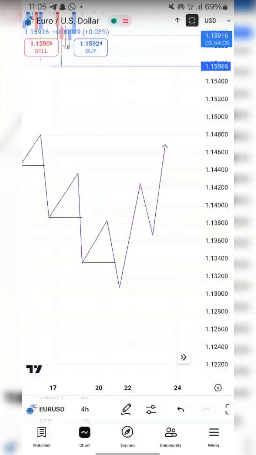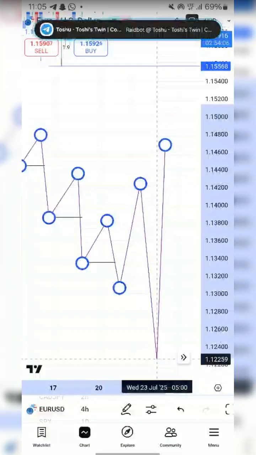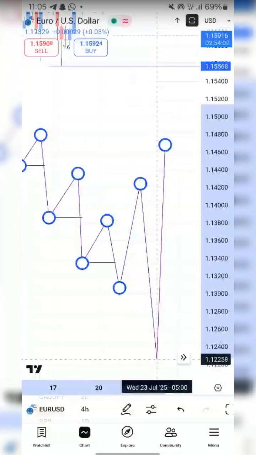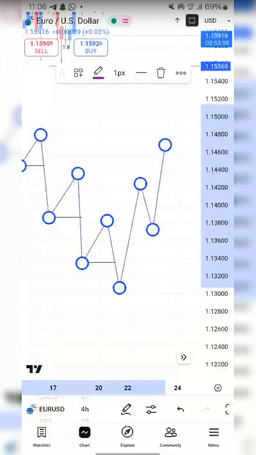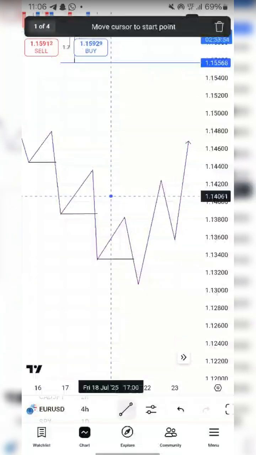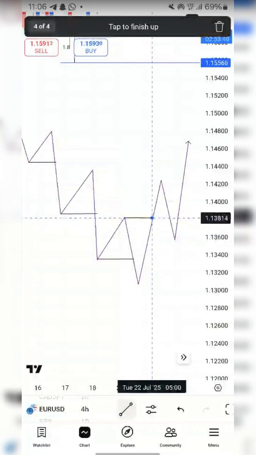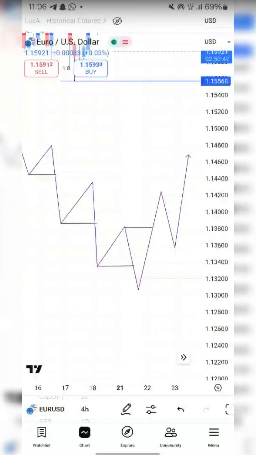Then here, this guy is supposed to come like this for us to have another break of structure, right? Yes. But the reason why it couldn't is because inside here, we don't have a break of structure. We have a change of character or market structure shift, whichever you want to call it.